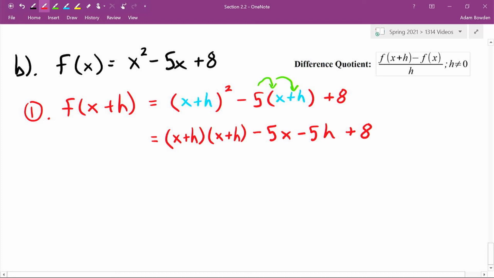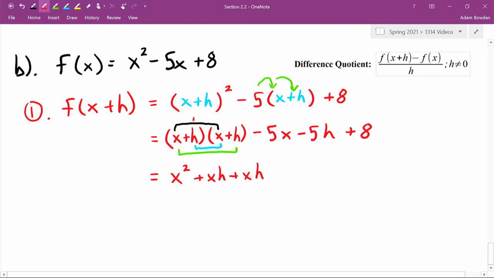Okay, we do need to take care of the algebra here for distributing or FOILing out the x plus h times itself. So again, FOIL means we got to multiply the first. So x times x, so that'd be x squared. The outer would give us a plus xh. The inner would give us another plus xh.